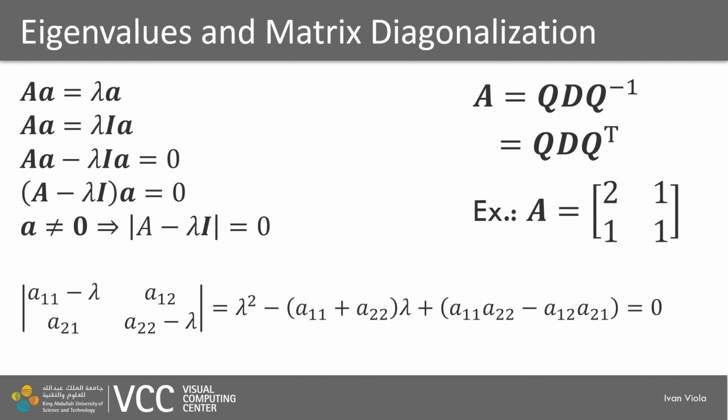Imagine if we have a symmetric matrix. A symmetric matrix means that A equals A transpose.